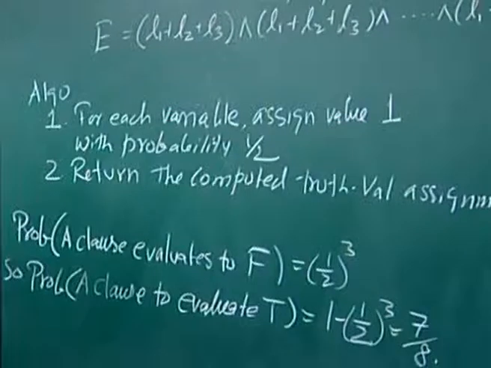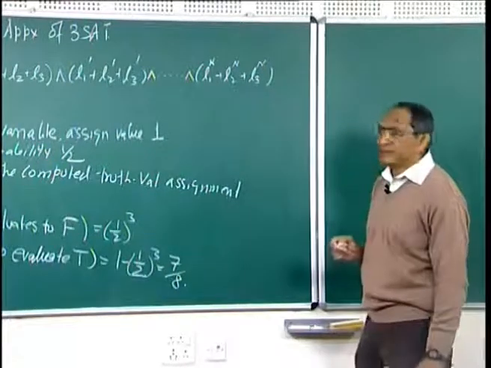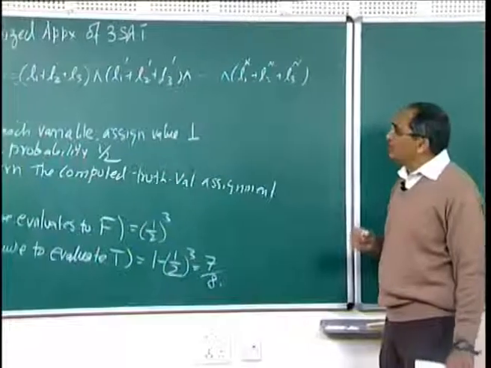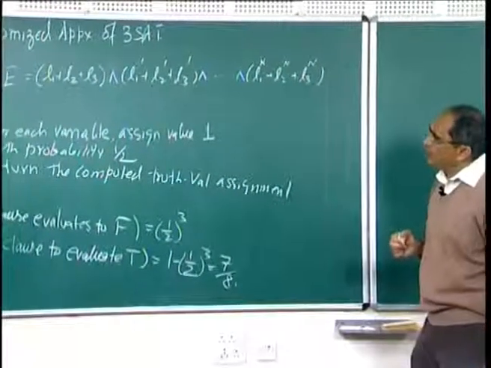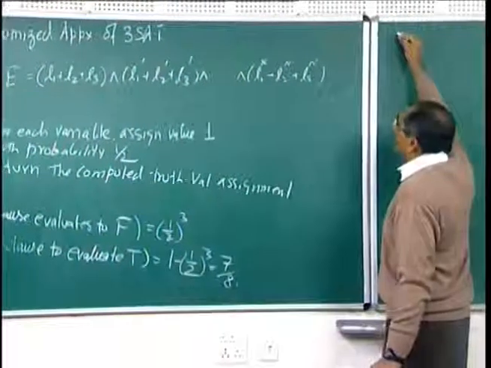So, now we want to compute the following. Remember, this is a randomized algorithm, so we can't have an exact ratio of the evaluated number to optimum number, but we will have an expectation of this.